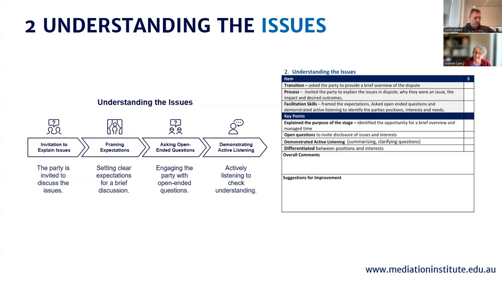The facilitation skills you're using are that framing, asking open questions rather than trying to lock people into where we want them to go, and using active listening, so clarifying questions, summaries, checking in, all of that. And we're trying to get a little bit of an understanding of the positions, interests and needs that are present there.